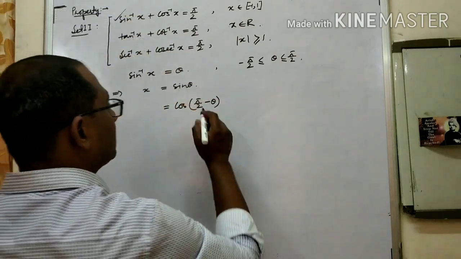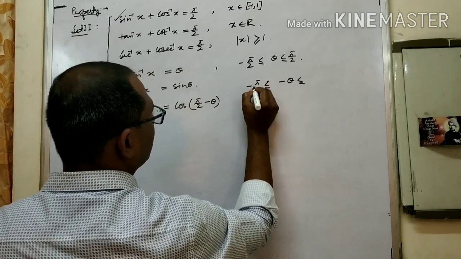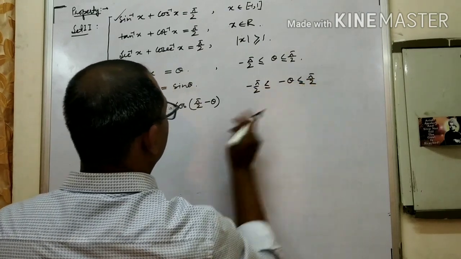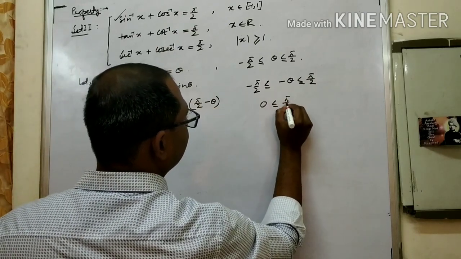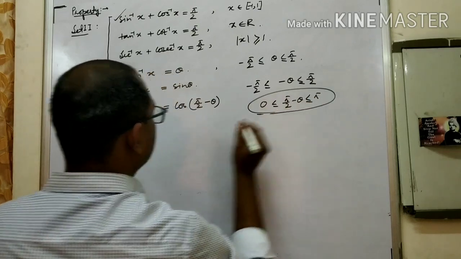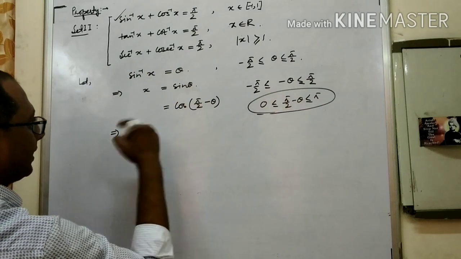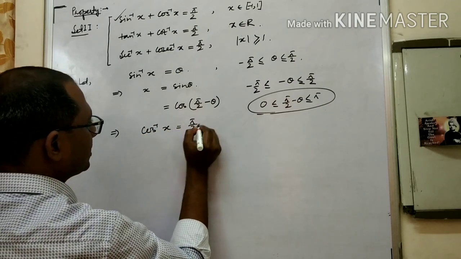Okay, so we'll check: minus theta is lying within minus pi by 2 to pi by 2. I need pi by 2 minus theta, so we'll add pi by 2 to get this. So cos inverse can be brought here. Cos inverse of x will be equal to pi by 2 minus theta.